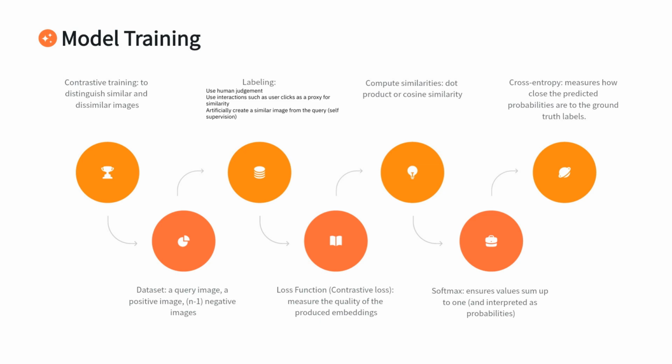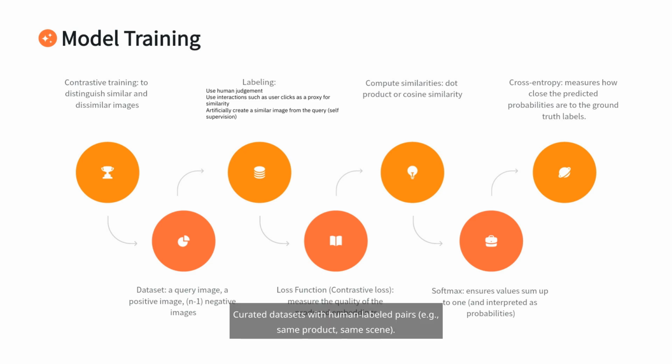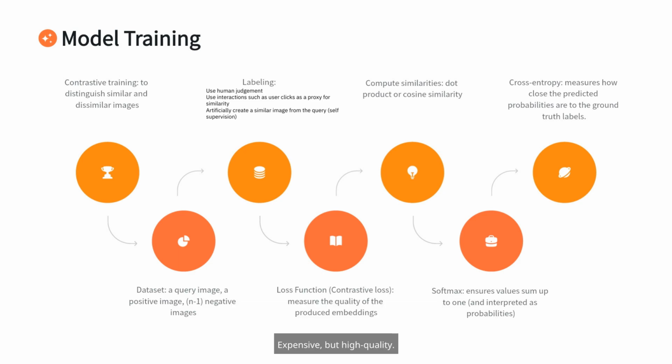3. Labeling, getting positive and negative pairs. Human judgment. Curated datasets with human-labeled pairs, e.g., same product, same scene. Expensive, but high quality. User interactions, weak supervision. Use implicit feedback like clicks, dwell time, purchases.